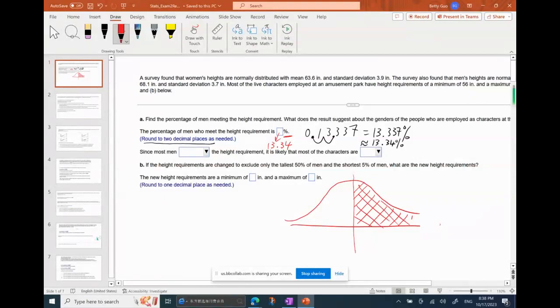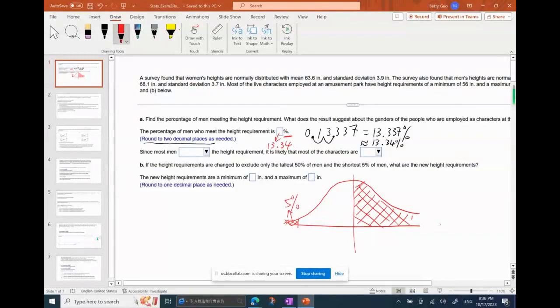We don't need those 50%. Exclude them. And also the shortest 5%, those 5%, we don't need them. Too short. Those too tall. We want only the white part, the blank part. And then what's the new standard?